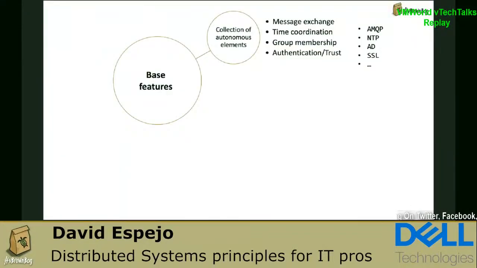Or NTP, the Network Time Protocol, a way to provide time coordination for a distributed system. Active Directory, for example, is an authentication protocol to accept or deny requests to join a group. Secure Sockets Layer, TLS, etc. Different ways to provide trust for this collection of independent entities.